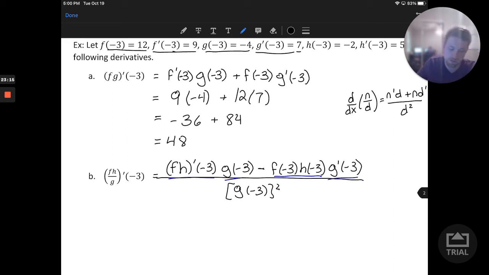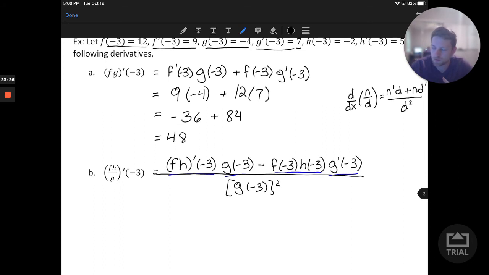So that's what we're doing, but there happens to be a little product in the numerator. So let's work out this one just a little bit more, because we need to figure out that product that's in the numerator.